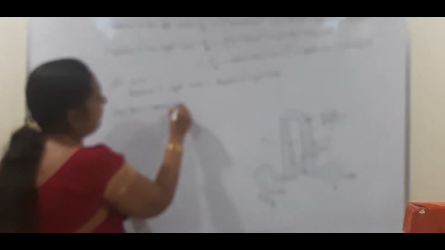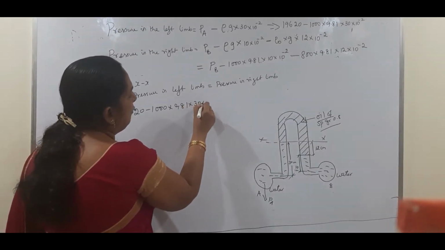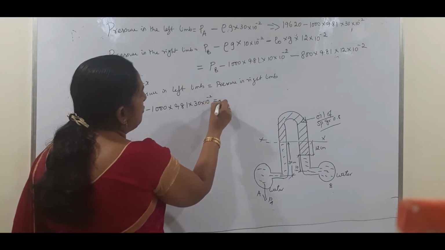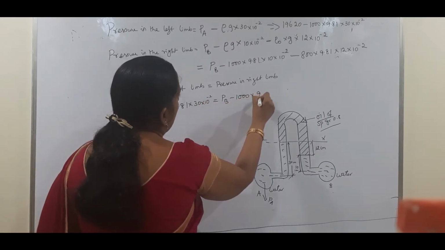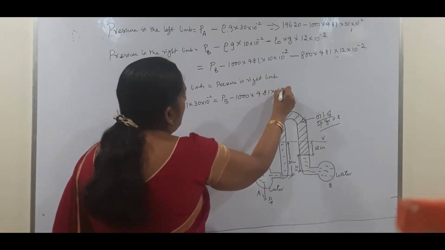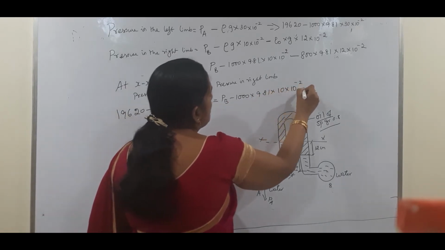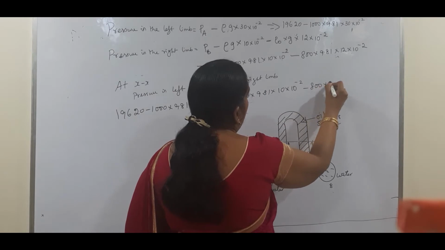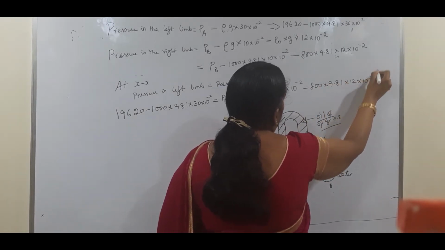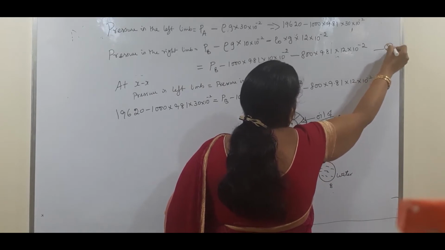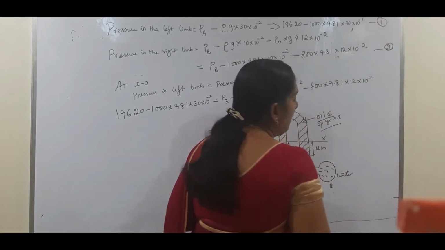19,620 minus 1000 into 9.81 into 30 into 10 to the power of minus 2 is equal to PB minus 1000 into 9.81 into 10 into 10 to the power of minus 2 minus 800 into 9.81 into 12 into 10 to the power of minus 2. That is, I am equating equation number 1 and 2.